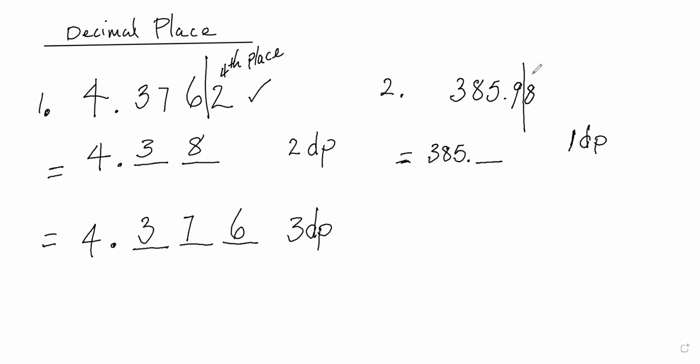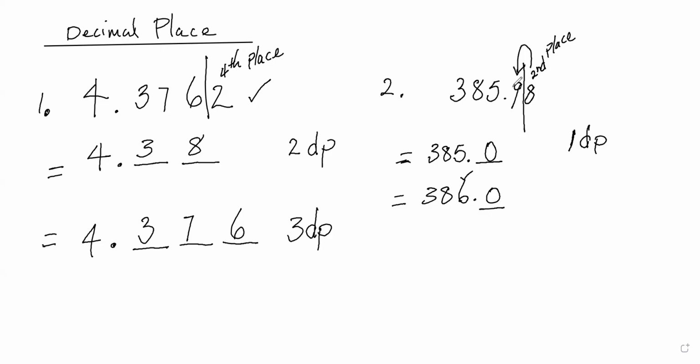So I have to look at the second decimal, please. Because it's 8, 5 or more, I'm going to add 1. Right? But since I'm going to get 10, it will now be 386.0. So you can't only add the 0, you have to add 1 here as well.